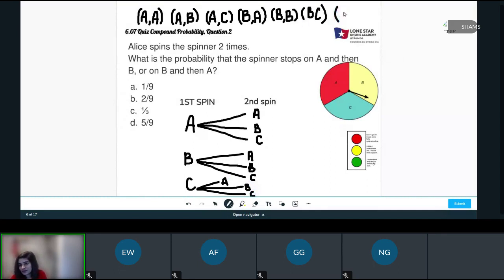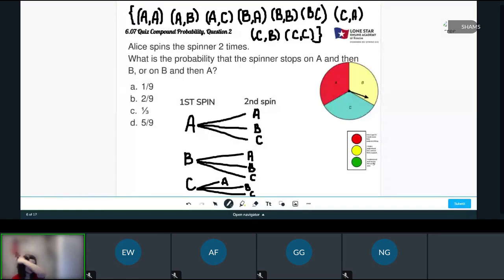So first spin might be on C, second might be on A, first spin might be on C, second spin might be on B. Or both the spins might be letter C. Now these are all the outcomes. This is how you list them out with curly brackets at the start and at the end. This is a professional mathematical way of listing out all possible outcomes that we call sample space.